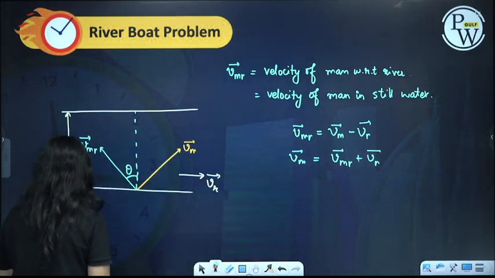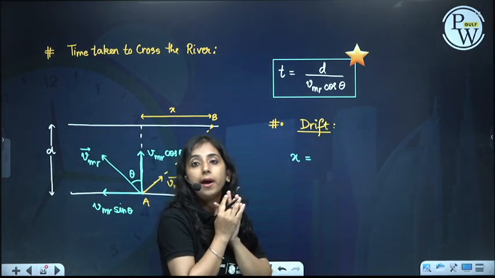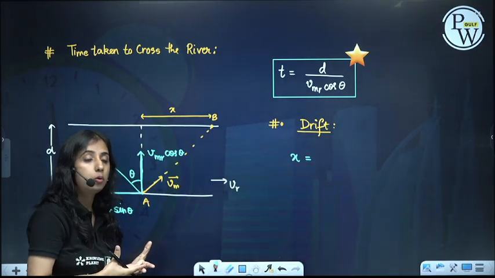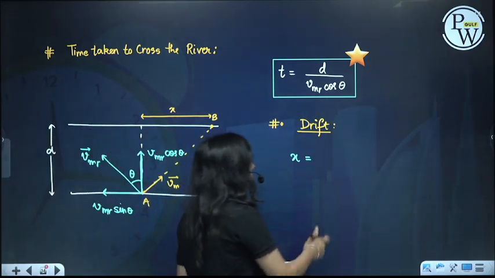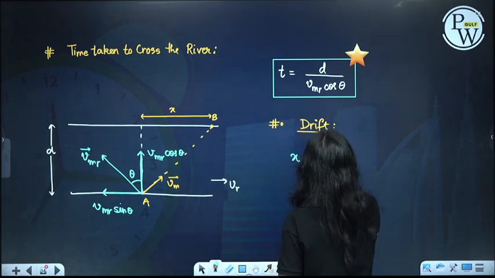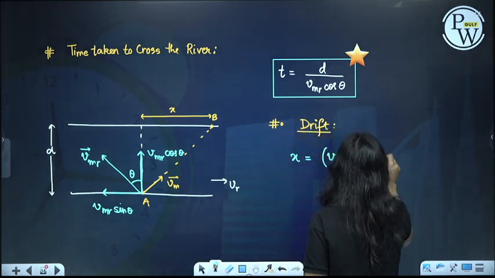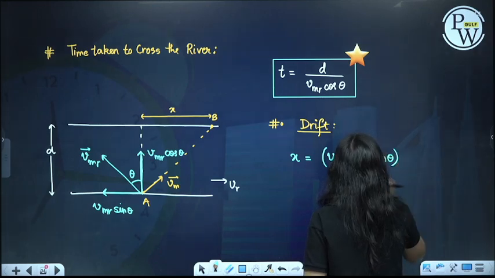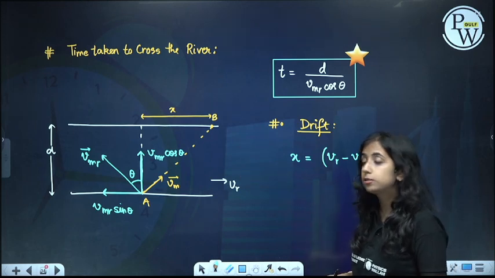The river will impart its velocity to the man. So the net velocity of man in x direction will be vr minus vmr sin theta, because that is opposite.